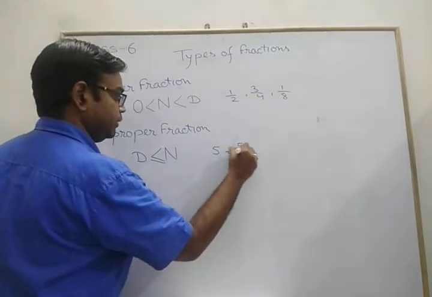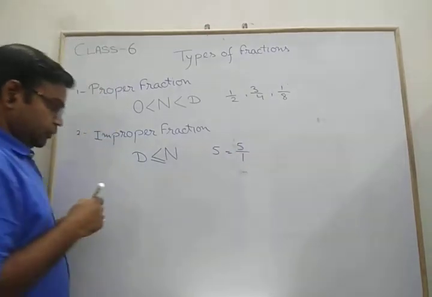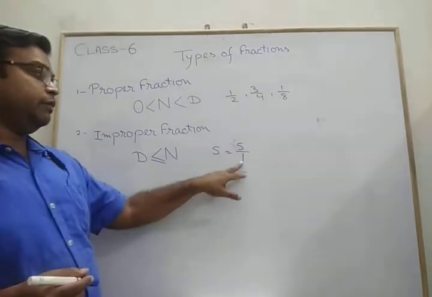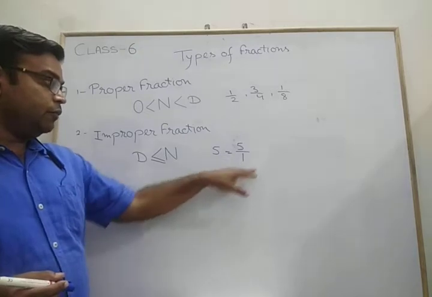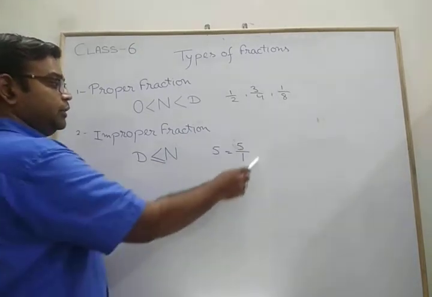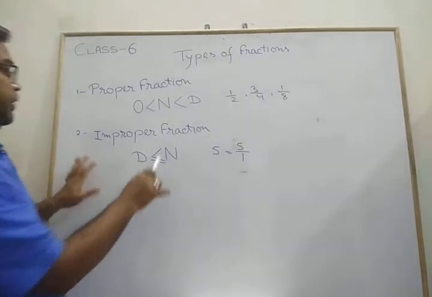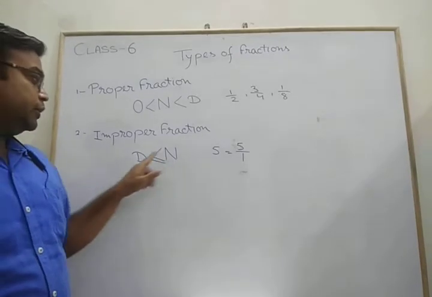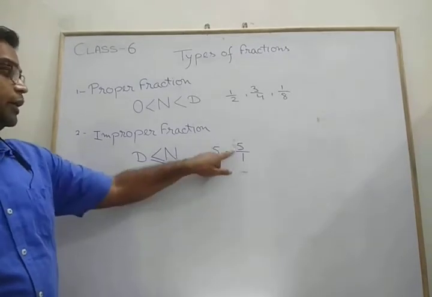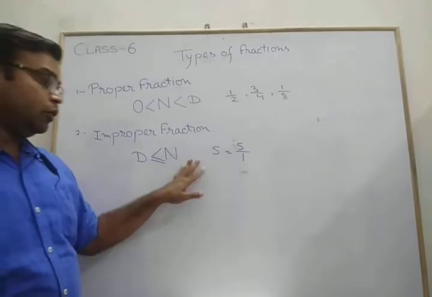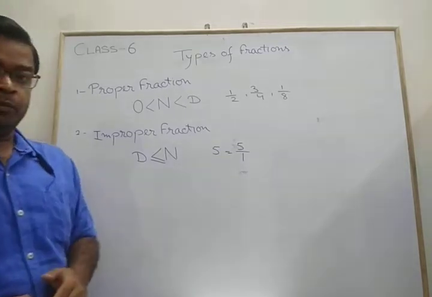When we divide 5 by 1, we have 5. But when we observe this fraction 5 upon 1, it looks like an improper fraction because here numerator is greater than denominator. So all natural numbers are improper fractions.